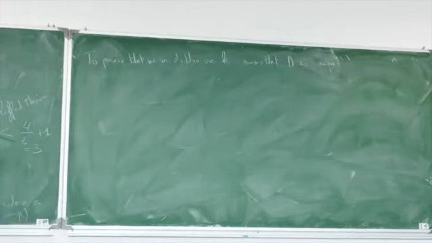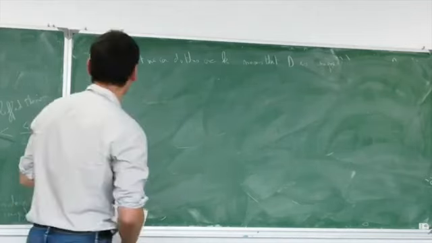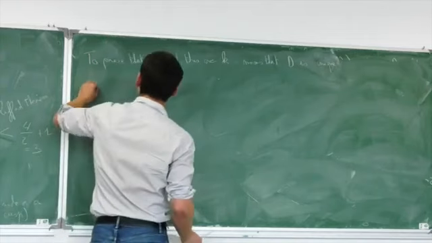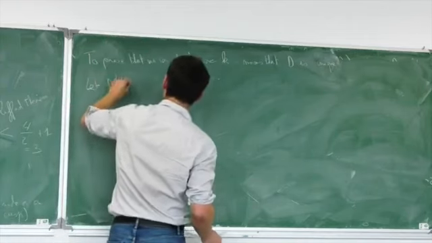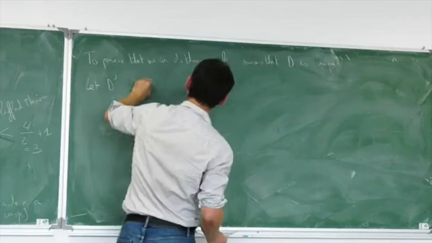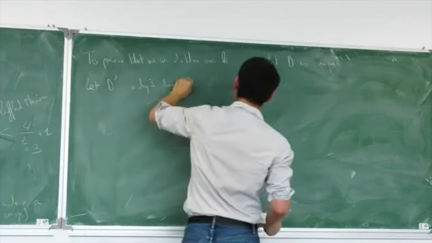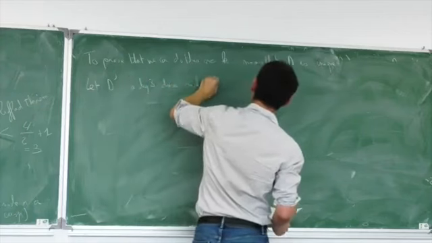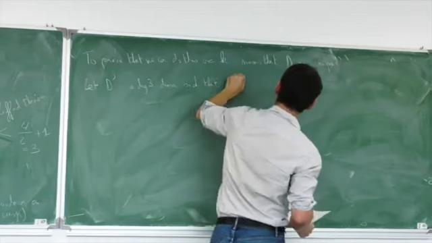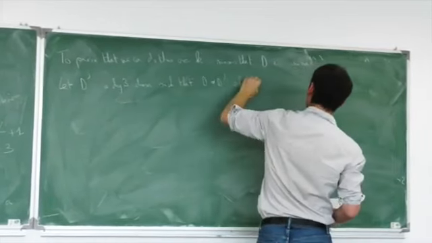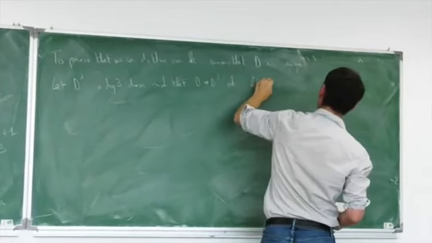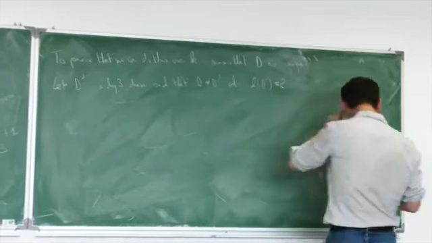So how are we going to do this? Well, let's take another one and let's arrive at a contradiction. So let D prime be a degree 3 divisor, such that D is not D prime and L of D prime is also 2.